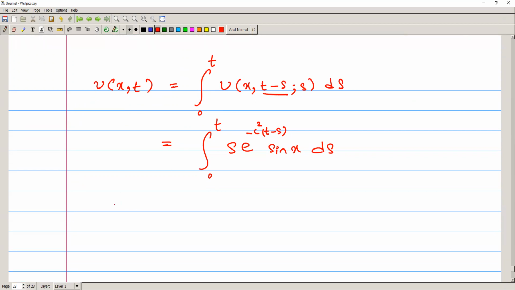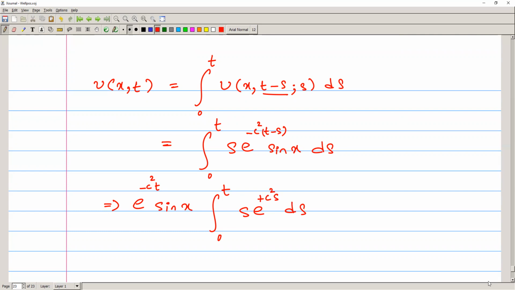So we can write in this way. This implies that we can bring this e to the power negative c squared t outside with sine x, and the integral from 0 to t of s e to the power positive c squared s ds, right, in this way.